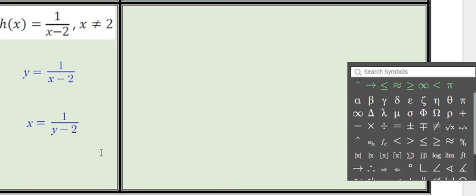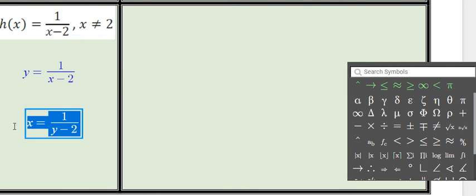From this point, our goal is to solve for y. We want to get y completely alone. And in all honesty, we never want a denominator in this case with the variable we're trying to get alone. So what I'm going to do is multiply both sides by y minus 2.